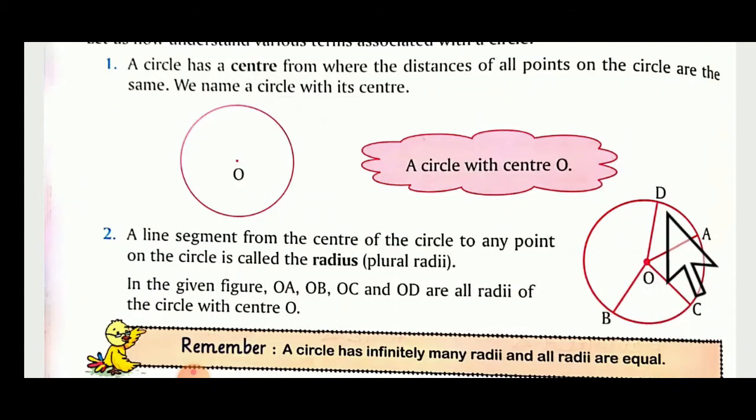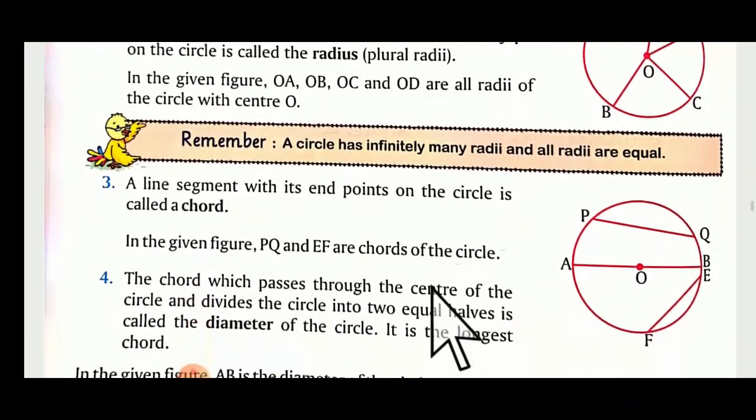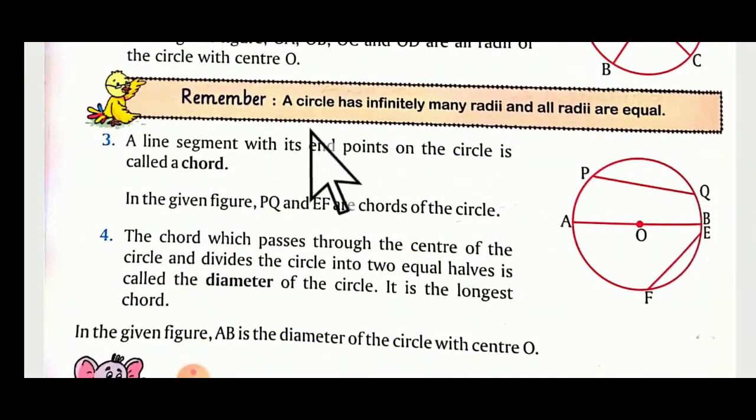Yes, you can draw from the point to any end. If you draw that, we call it a radius. OA, OB, OC and OD are radii of the circle. A circle has infinitely many radii and all radii are equal. As said above, all will be equal length and many number of lines, that is radius, can be drawn.